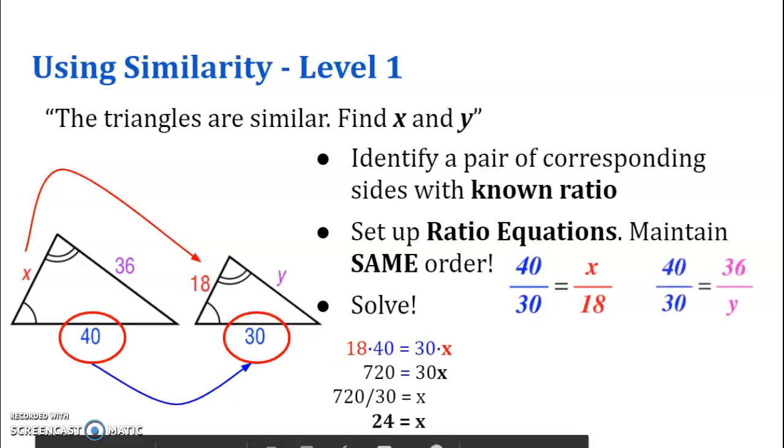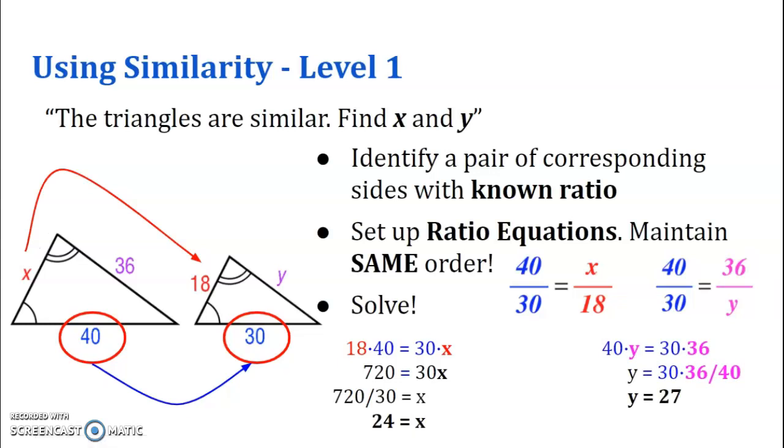What about Y? 40 over 30 is equal to 36 over Y. And then from here I am cross multiplying and get my final answer, which is 27.